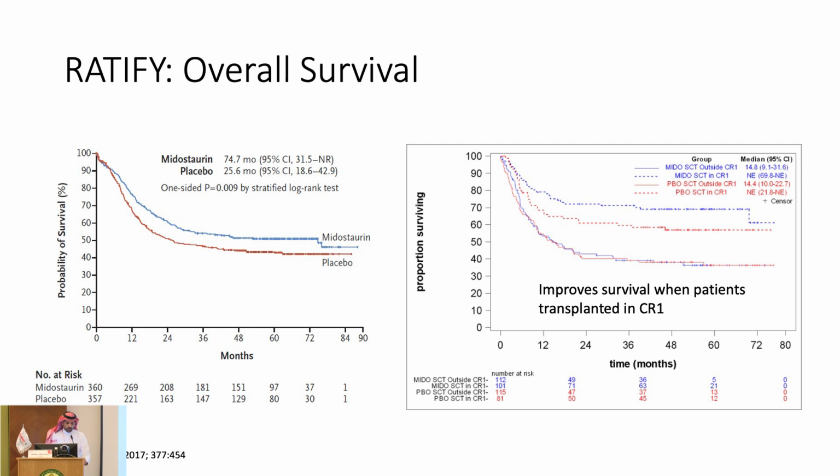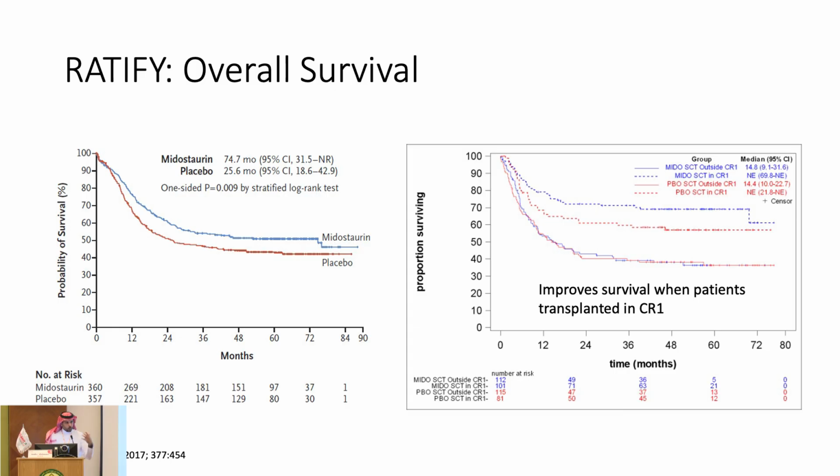The median overall survival was 74 months versus 25 months, midostaurin versus placebo. And what's remarkable here is if you look at the patients who went into allogeneic transplant while in CR1, they have a significant, remarkable improvement in overall survival.